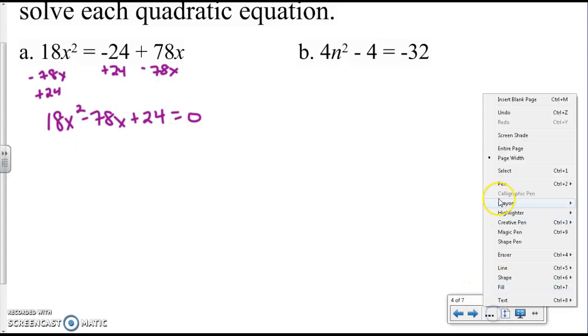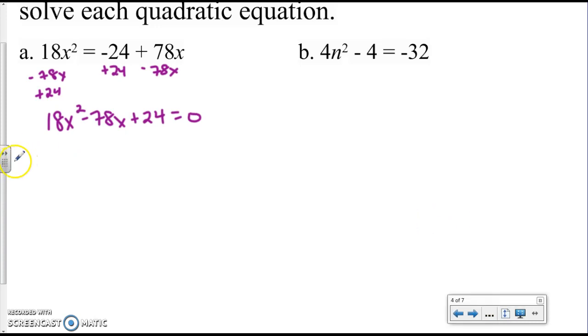So I'm going to start by finding the discriminant and then go from there. So remember, the discriminant is b squared minus 4 times a times c. And if I go ahead and type that into my calculator, I actually get a really big number.